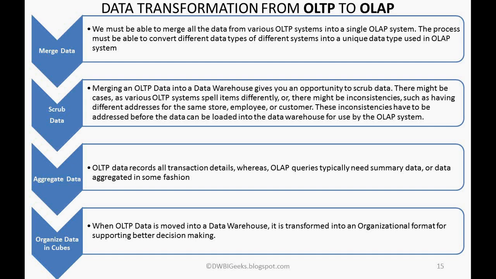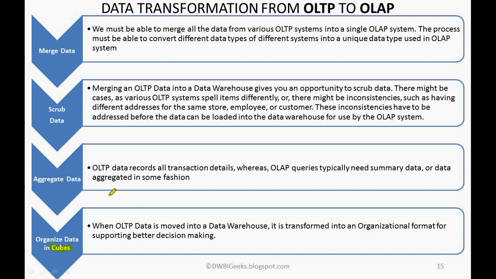Organization of data in cubes is nothing but placing data in an organized way as per the subject area, as per the line of business, like HR, finance, logistics, and various other systems. Keeping the data organized in a grouped structure is called organization of data in cubes. From a data warehousing perspective, this is called by different names.